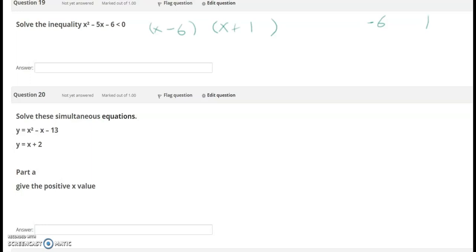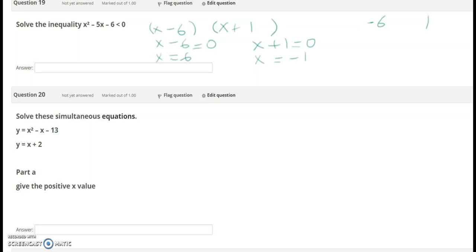So if it was a quadratic equation equal to 0, we'd have x minus 6 equal to 0, and that means that x would be equal to 6. We'll do the same here, and we've got x plus 1 equal to 0, and x will be equal to -1.